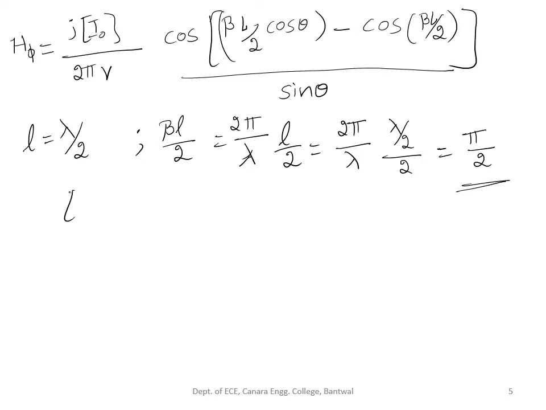and I naught is equal to I naught e to the power j omega t minus r by c.